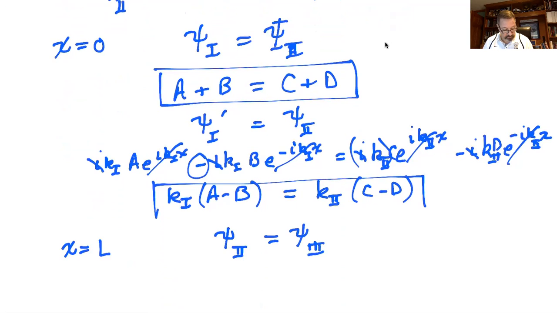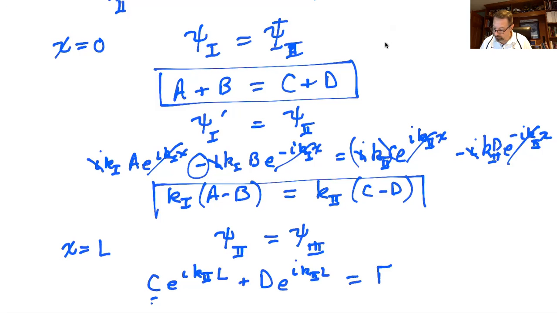And let's see, that tells me, I think, C e to the i K2, and I remember the coefficient this time, that's good, times L plus D e to the i K2 times L has to be equal to the wave function in region 3, F e to the i K3 L. Nothing I can do to simplify that, I don't think.